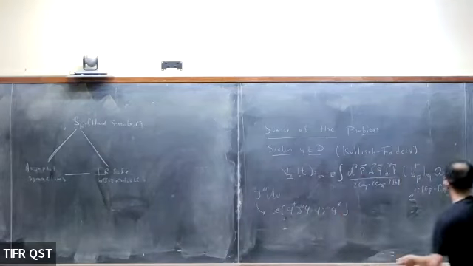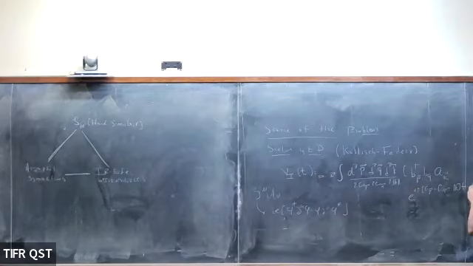So I just write that down. That will give me delta of p minus q minus k. So that's plus many other terms. This is just the usual thing we do.